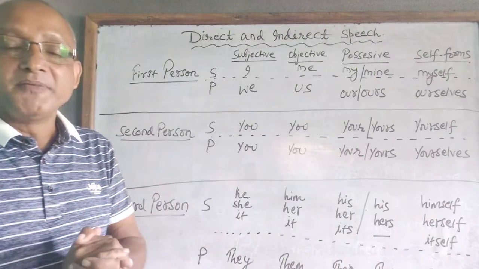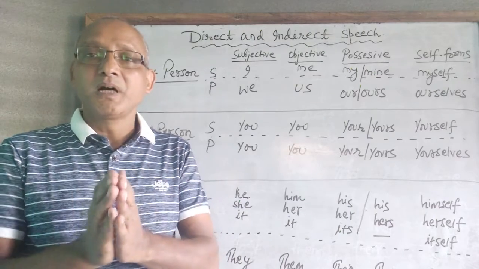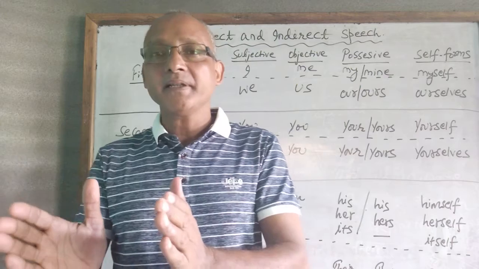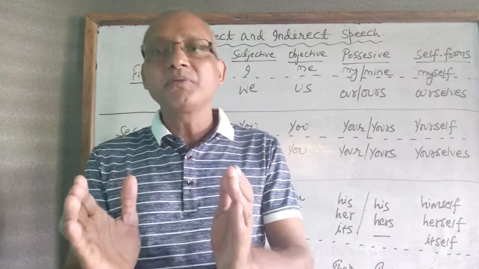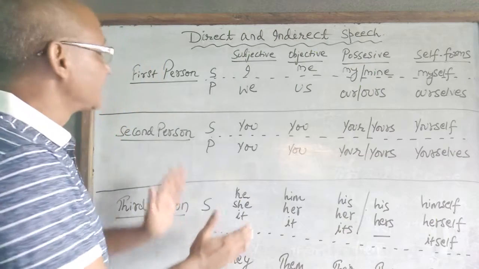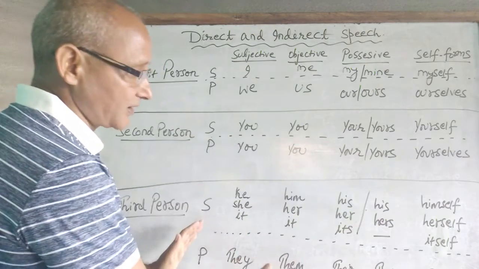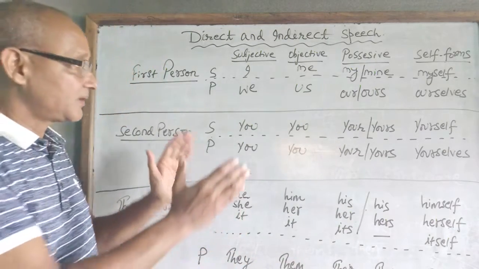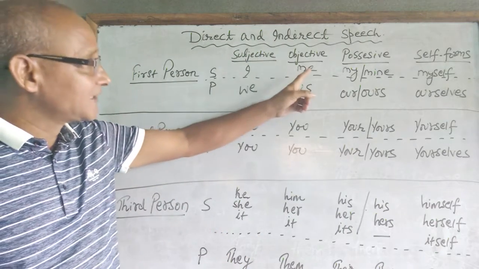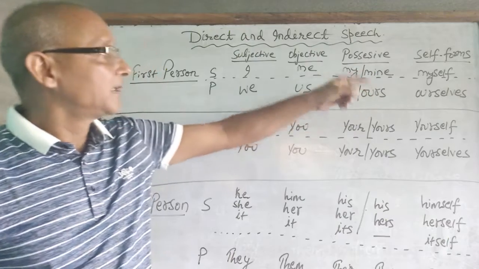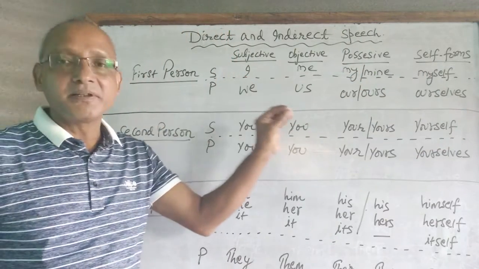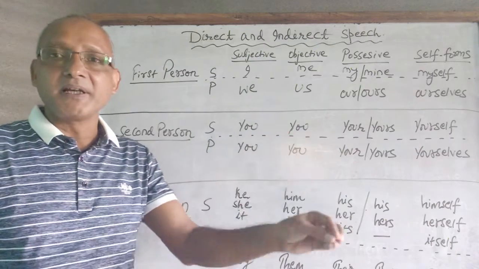Before we jump into how to change a sentence from direct to indirect, we have to know this flow chart. This is the pronoun flow chart. The chart represents the subjective form, objective pronoun, possessive and self forms, because these are the essential requisites to change from direct to indirect.